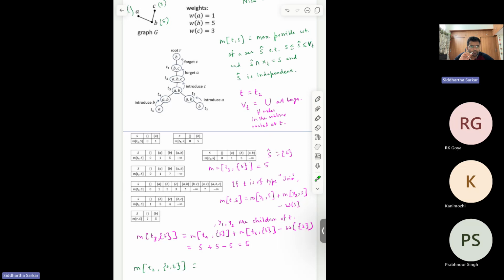So the formula is the following, where Y is a child of T2.